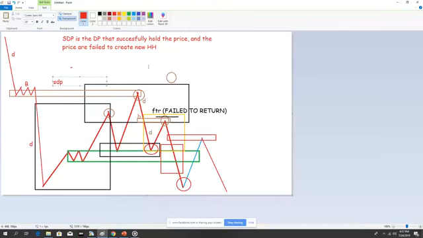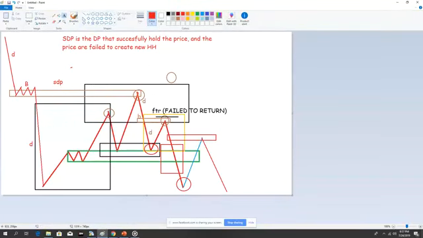Why? Because this base has held this price from creating a new higher high. Look here. The new higher high is missing. There is no new higher high because it has been held by this base.